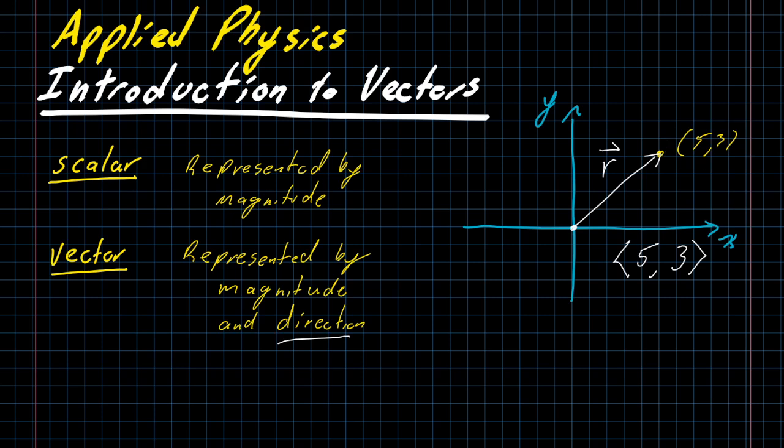But what if I had not just one stop, but two stops? Let's call this R1.